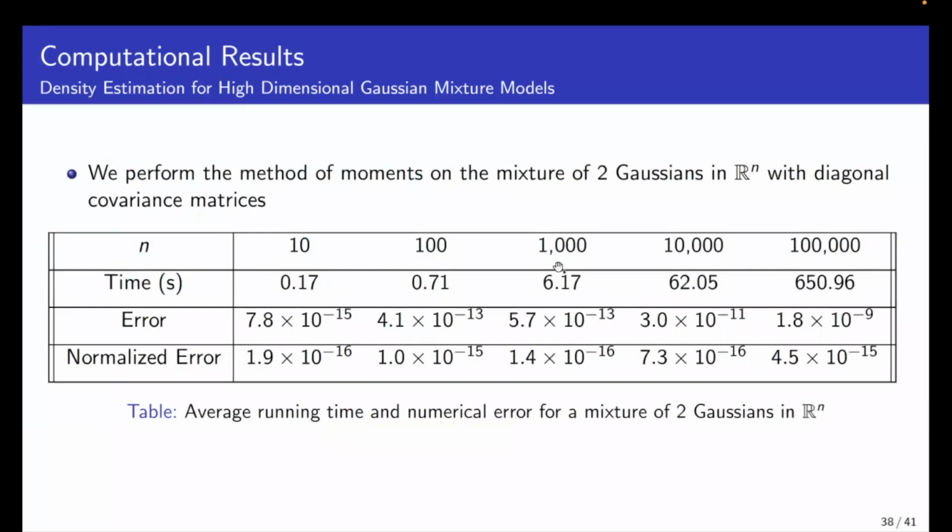You can see here that it really does scale pretty much linearly. And I did not parallelize this. I just ran these back to back on my laptop. And even so, I was able to do density estimation for the mixture of two Gaussians in 10,000 dimensional space in just over a minute. So, I think that's quite good.